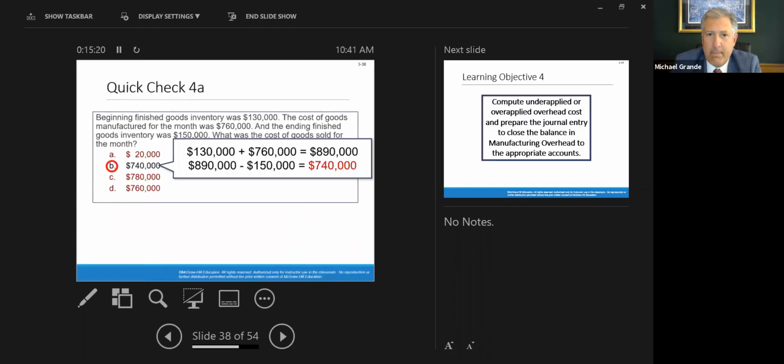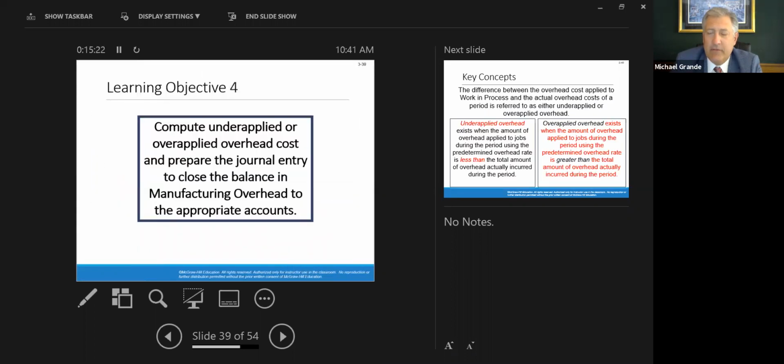So learning objective number 4. This is important. Compute the underapplied or overapplied manufacturing overhead and prepare the journal entry to close the balance in manufacturing overhead to appropriate accounts. So keeping track of the manufacturing overhead T account is very important.